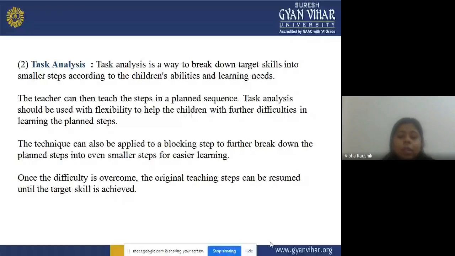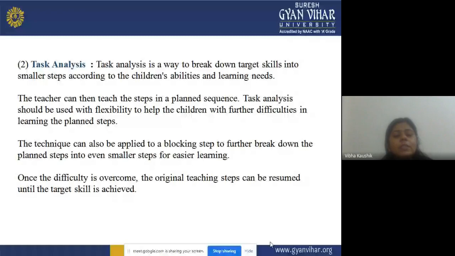Task analysis should be used with flexibility, not as a rigid process that should be followed in only one way. With flexibility, it helps fit further difficulties in learning the planned steps. The technique can also be applied by further breaking down the planned steps into even smaller steps for easier learning.